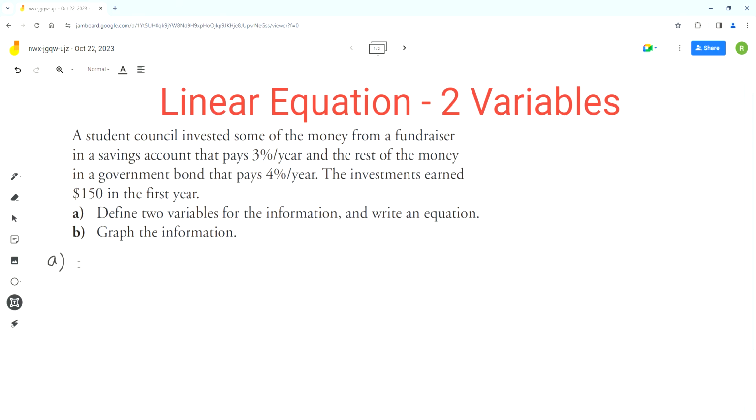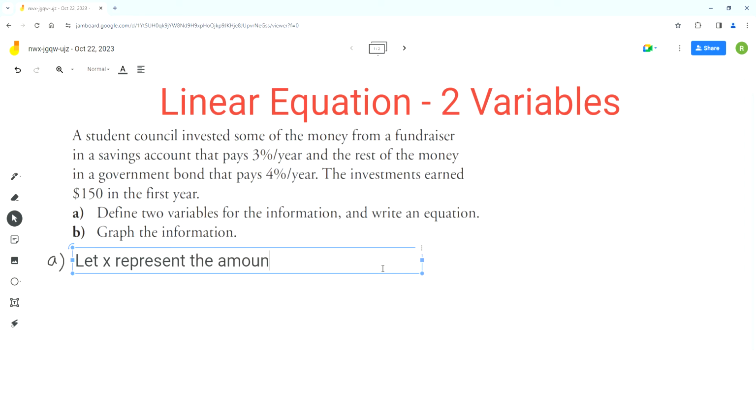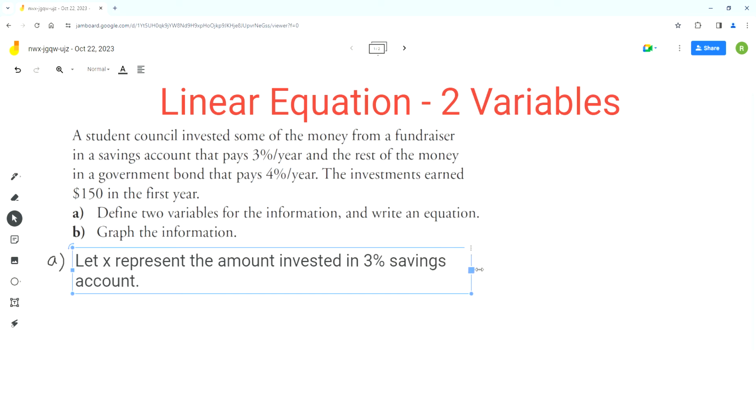So our first variable can be for the amount invested in the savings account. Let X represent the amount invested in 3% savings account.